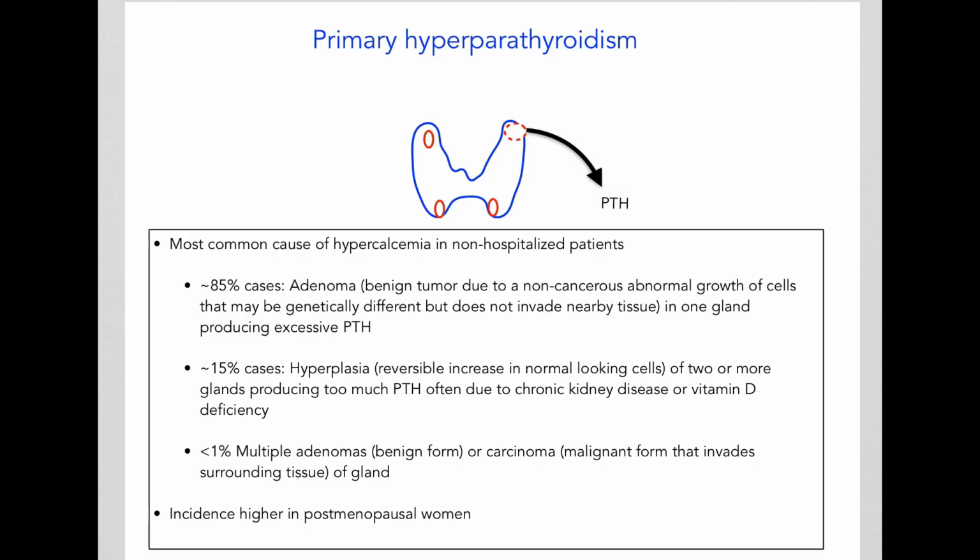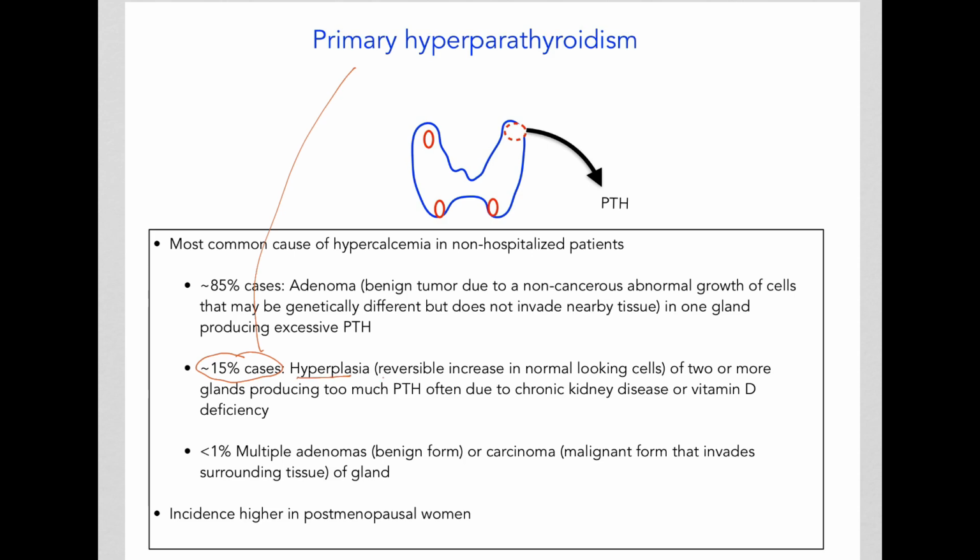Adenoma is a benign tumor due to a non-cancerous abnormal growth of cells. These cells may be genetically different from one another, but they do not invade nearby tissue. The second most common reason, which accounts for 15% of cases with primary hyperparathyroidism, is hyperplasia.